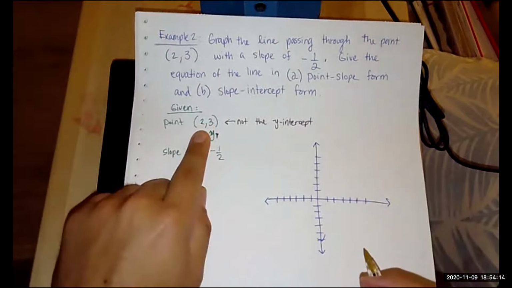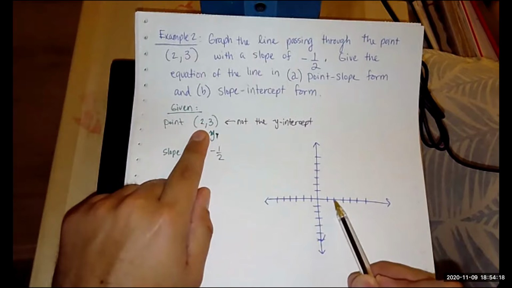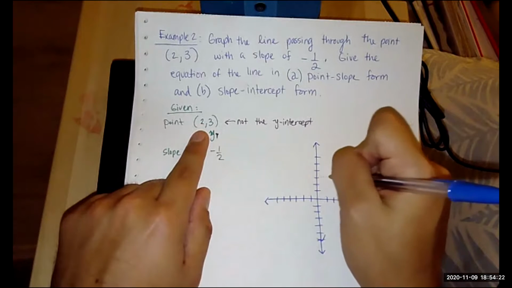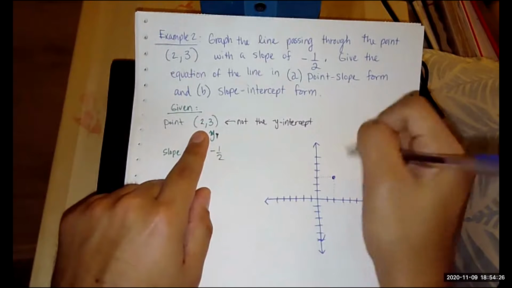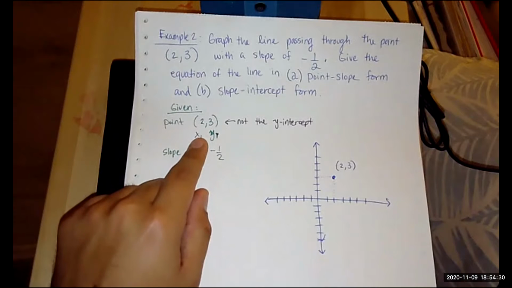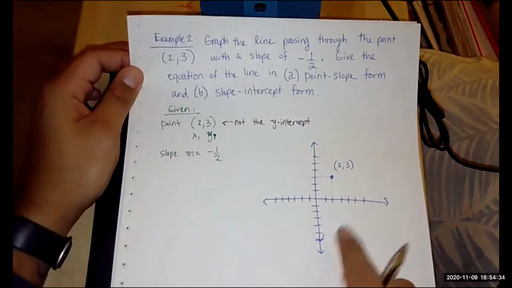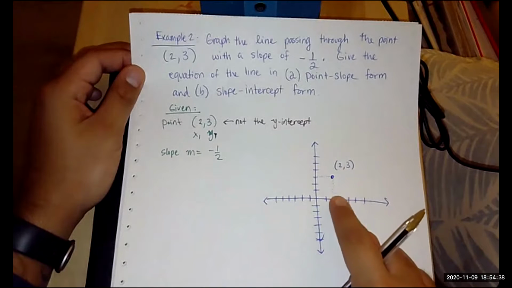Okay, and then we can plot the first point, right? So we're going to go over 2, up 3. And that's where we're going to plot our first point where those two coordinates intersect. That is (2, 3). Okay. Is everybody clear on how you get that? Or is there anybody who's not clear on how you would get that point?